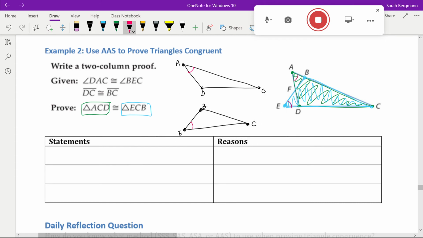Next, we are also given that segment DC is congruent to segment BC. So I would like to mark that as congruent. Now we always want to start out with the given, so we'll start out by restating what we were given.